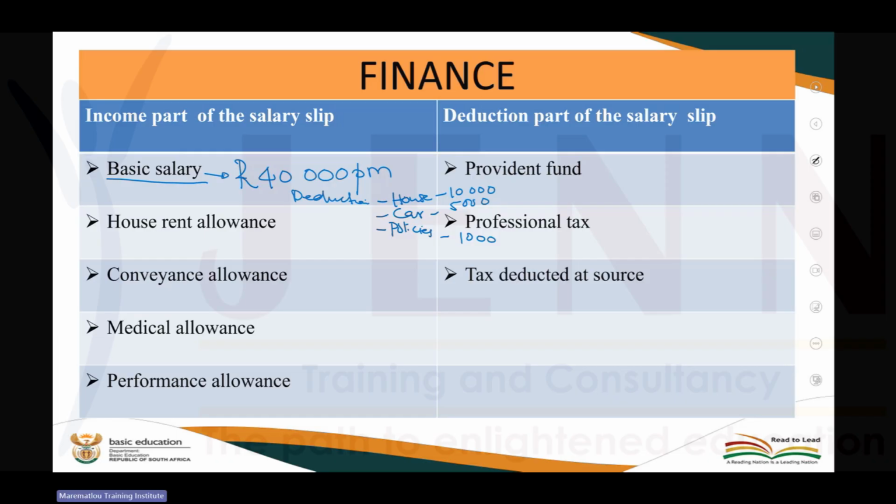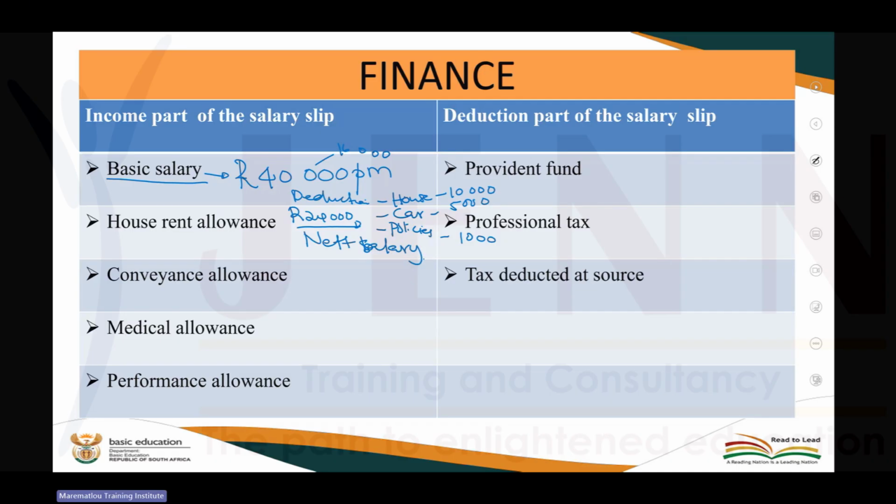Meaning that out of his basic salary, you have to deduct 16,000. How much will be left? Yes, 24,000. Can we say this 24,000 is still a basic salary? No, it's not a basic salary. We call this one a net salary.